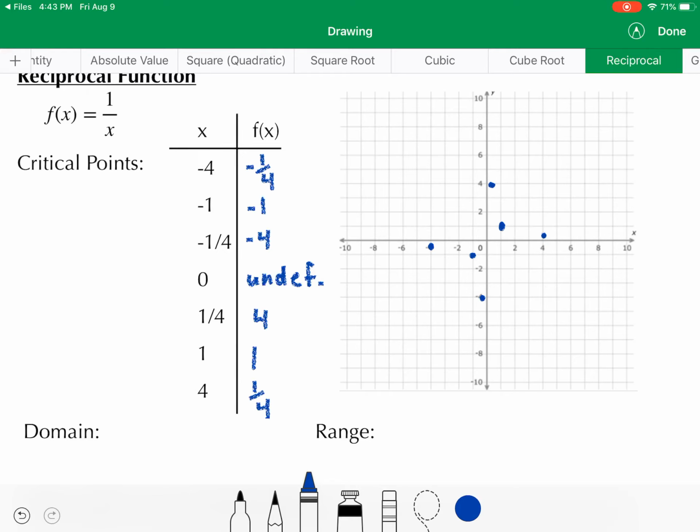All right, now, what you have to understand here is that there's actually two curves that are going to make up this one graph based on the behavior of these points, okay? So here's one half of the curve.